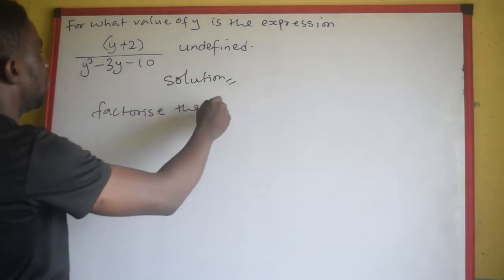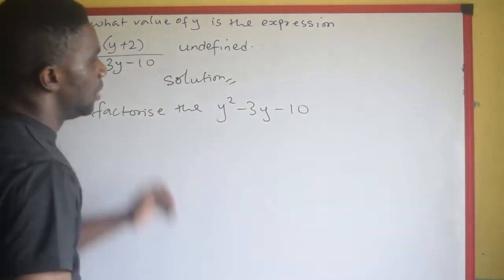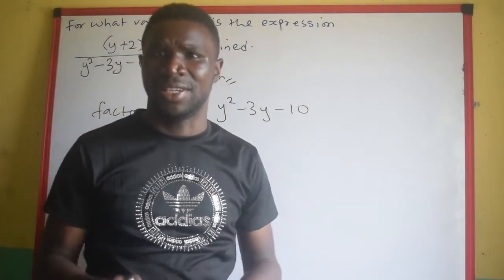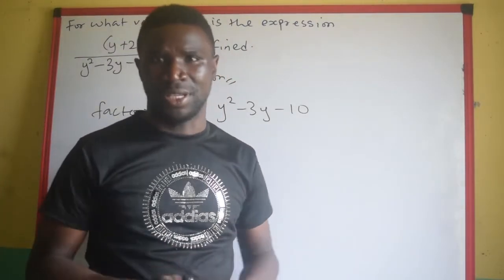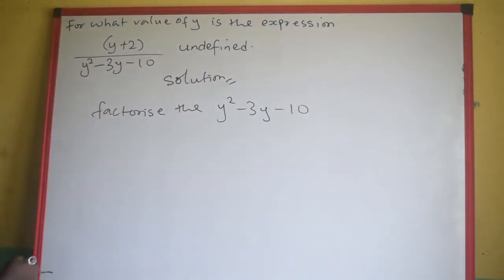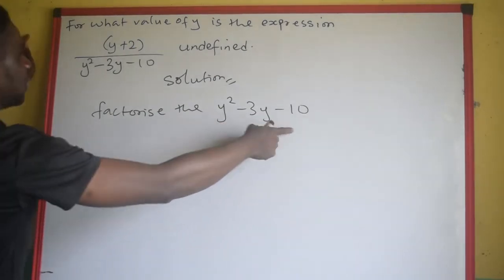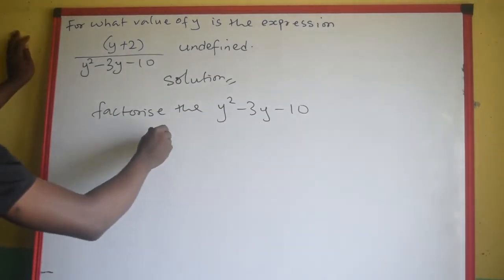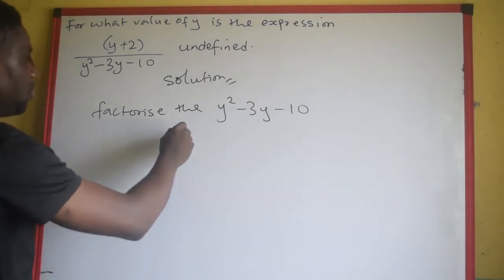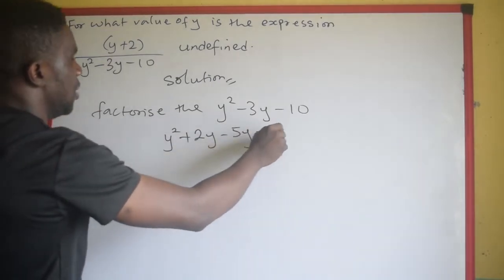We factorize y squared minus 3y minus 10. So here I won't teach you how to factorize, but like I said, I'll make video with regards to that. Just keep in touch with me anyway. Now we have this. If you factorize this, you're going to get y squared plus 2y minus 5y minus 10.